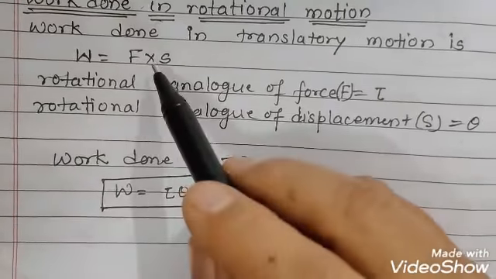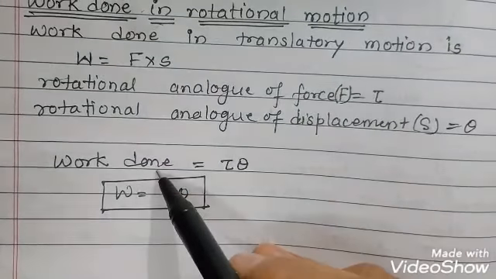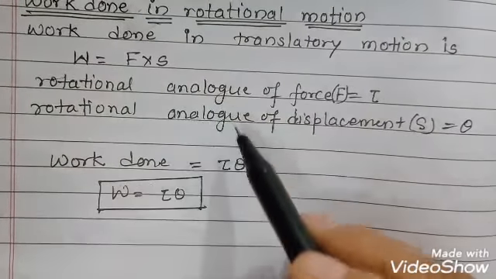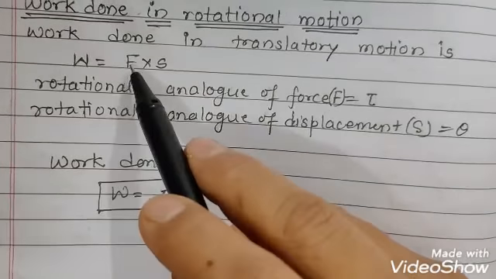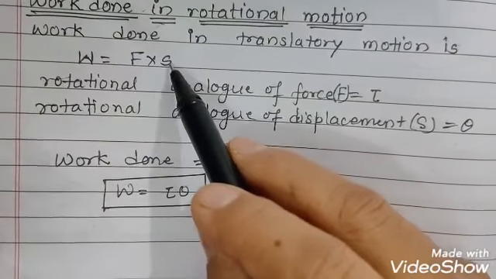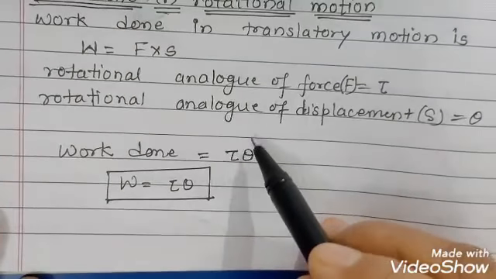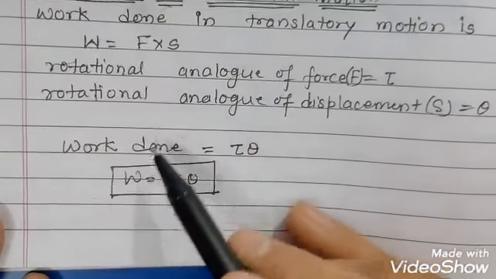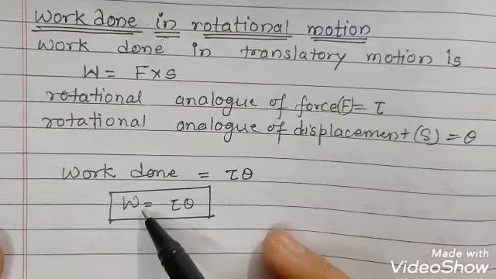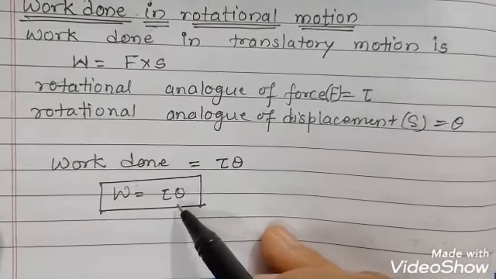So if this formula changes, in place of F we can write tau, the rotational analog of force, and in place of displacement we can write theta, the rotational analog of displacement. So the work done for rotational motion can be given by tau theta.